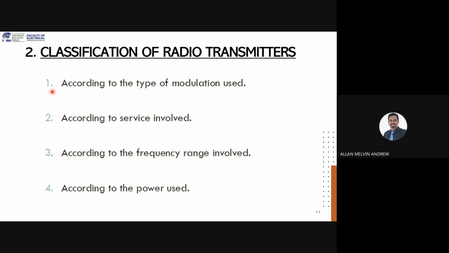So the first classification is based on the modulation type. The second one is the service involved, so where you want to use it. If you want to use it for a specific application and provide a service, then make sure you select it according to the service or application that you want.